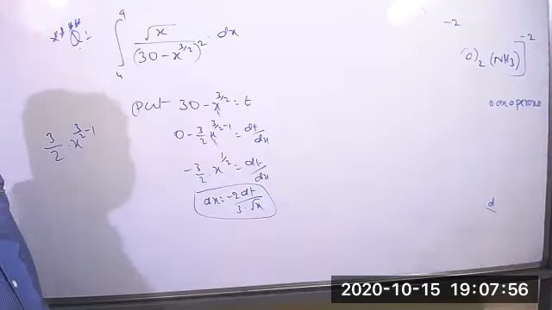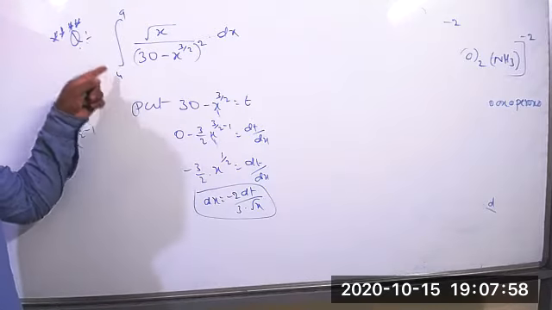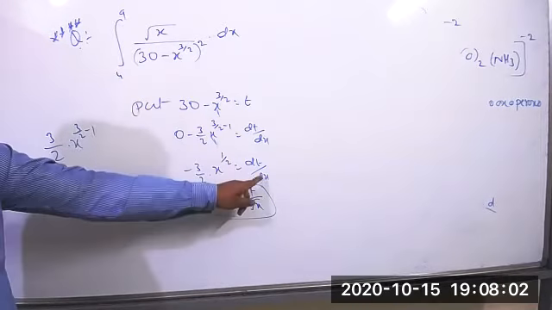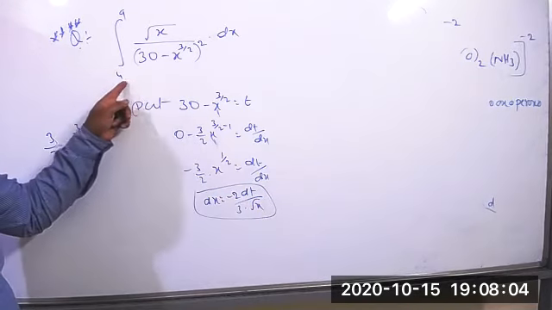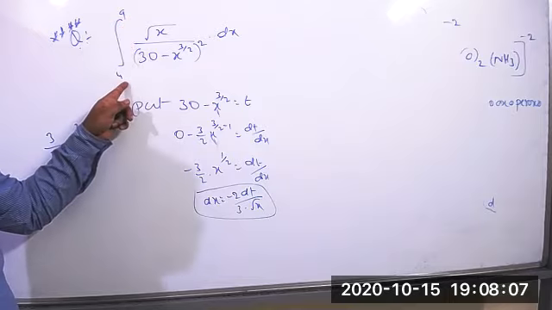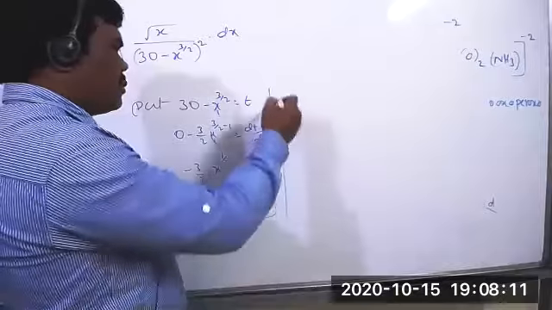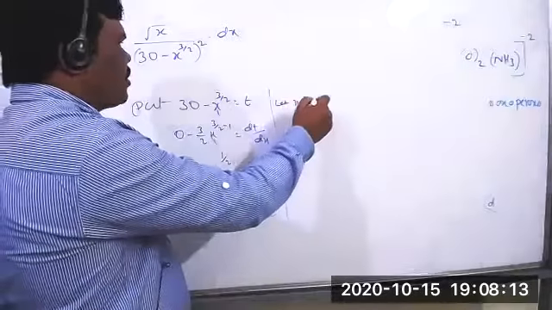But when we take the substitution, the given limits are values of x. When converting to dt, we must also convert them into values of t. Now let x equal 4.